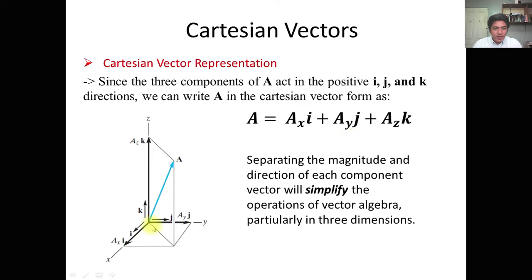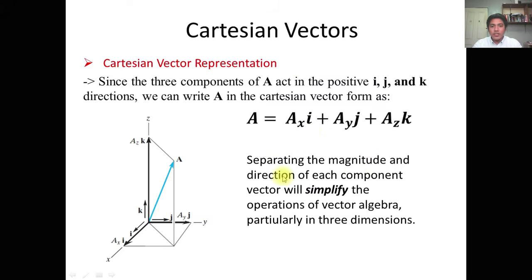So we have A_x in the i direction, meaning along the x-axis, A_y in the j direction along the y-axis, and A_z k along the z-axis. This is the magnitude and this is the direction, the unit vector.